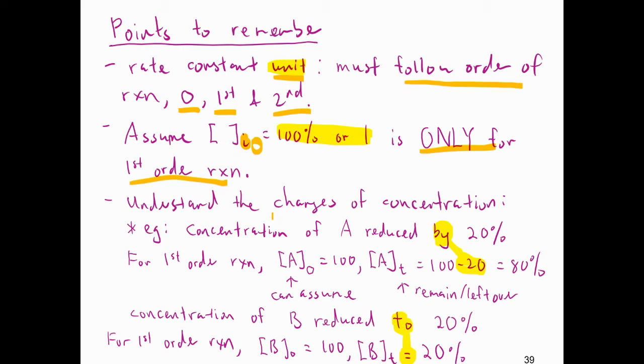Another student weakness is that they do not understand the terms. For example, concentration of A reduced by 20%, so the remaining or leftover is 80%. If it says reduced to, that means final, so straight away you can use it.